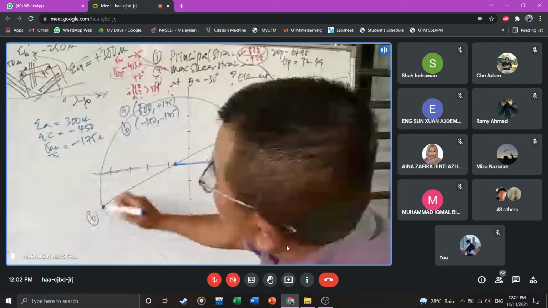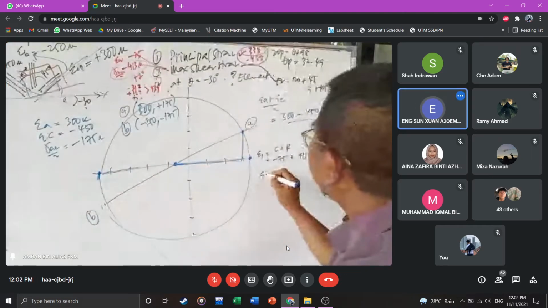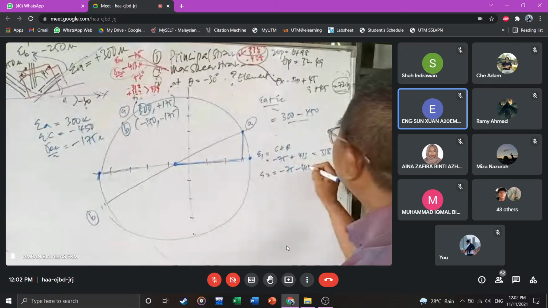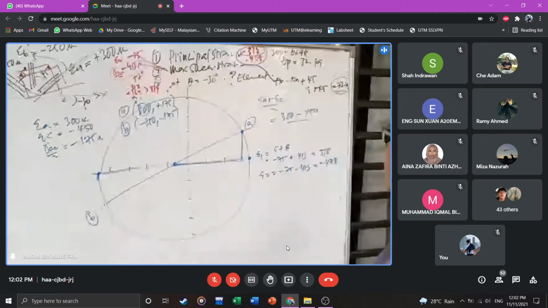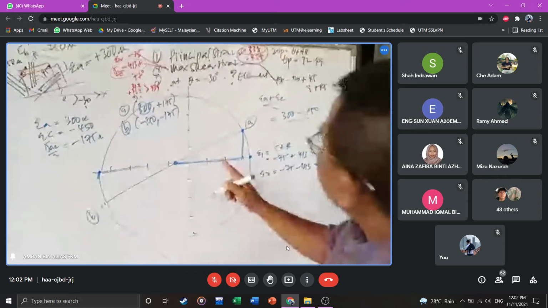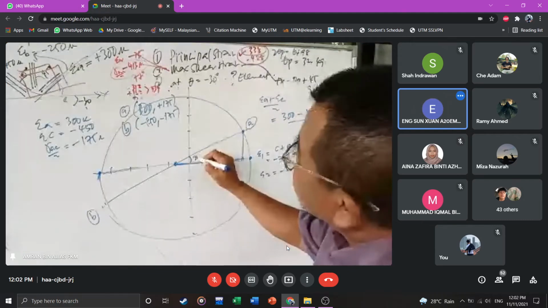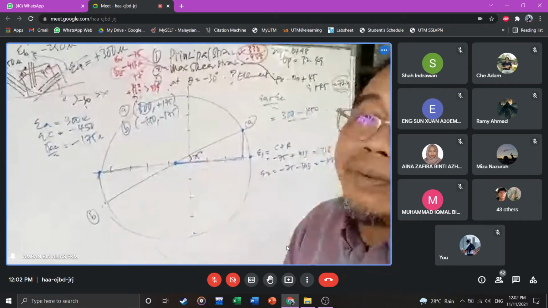Okay, what is E2 there? C minus R, center minus radius. What is the value there? 488. So the angle just now is what? 25. Okay.